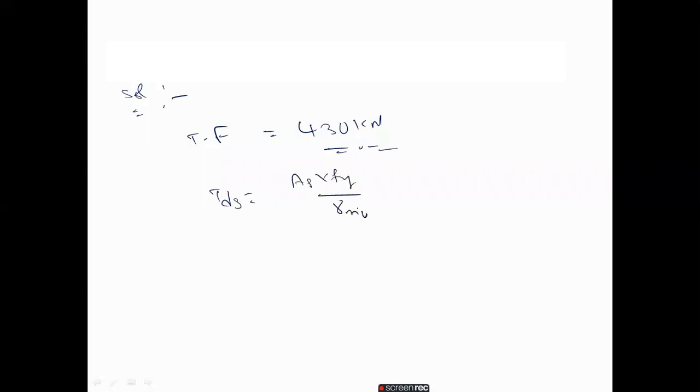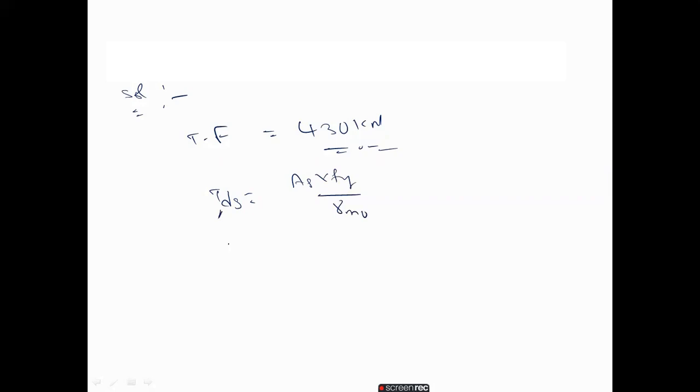Coming to the solution, we already know the tensile force in the main member, 430 kilonewton, which is given in the problem. By considering the strength in yield, we have to calculate the gross area required. We know the formula Tdg = Ag fy / γm0.